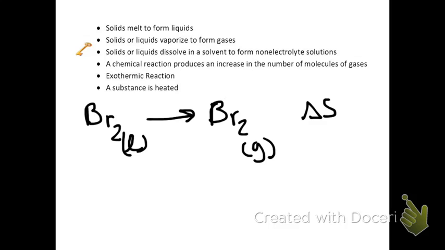You should have said it's going to be positive, because going from a liquid to a gas increases the entropy of the universe, or it's becoming more disordered. Remember, a gas is more disordered matter than a liquid. Alright? Okay, so let's look at another example here.